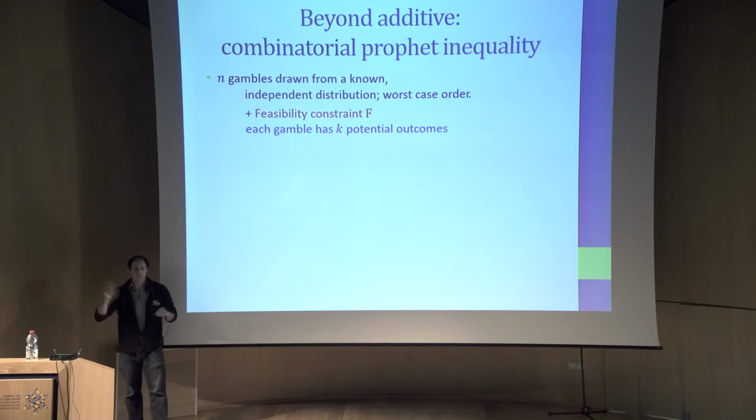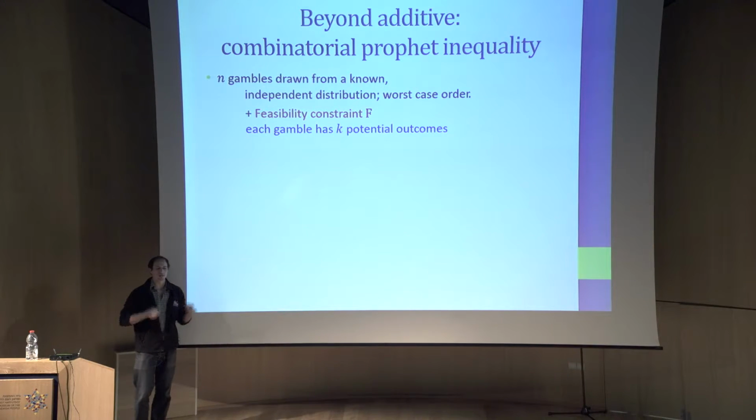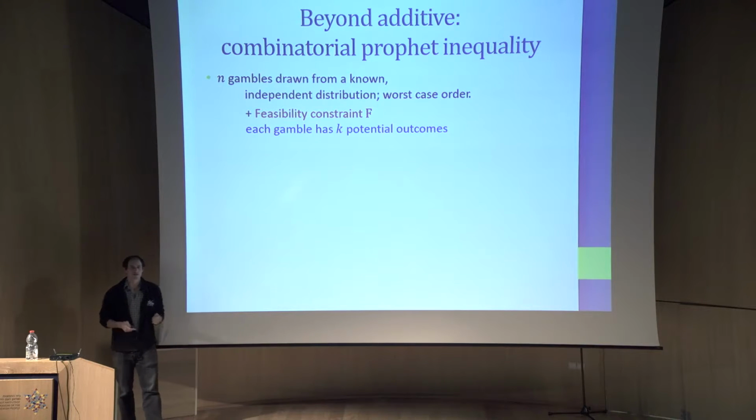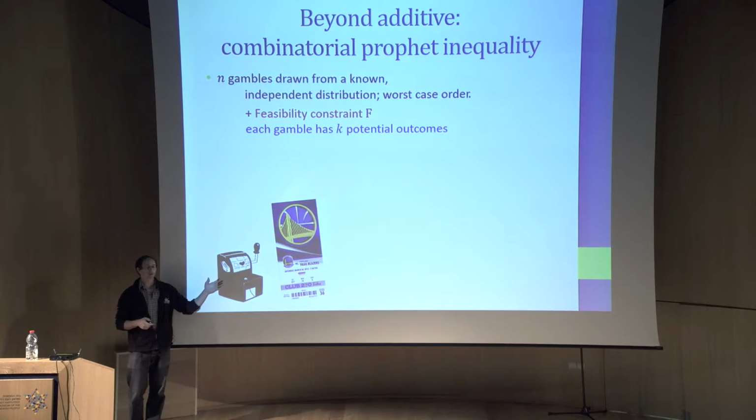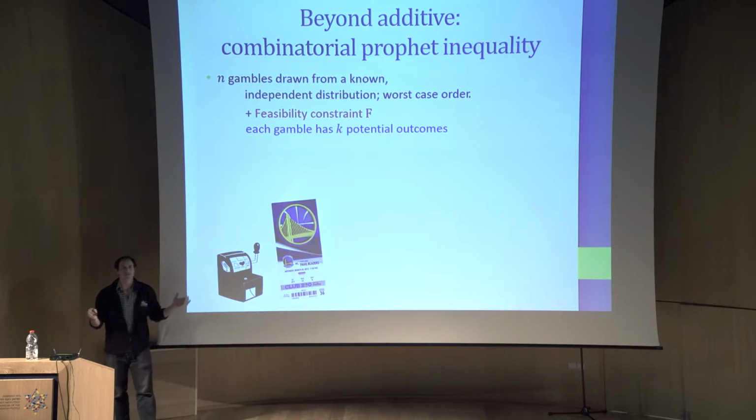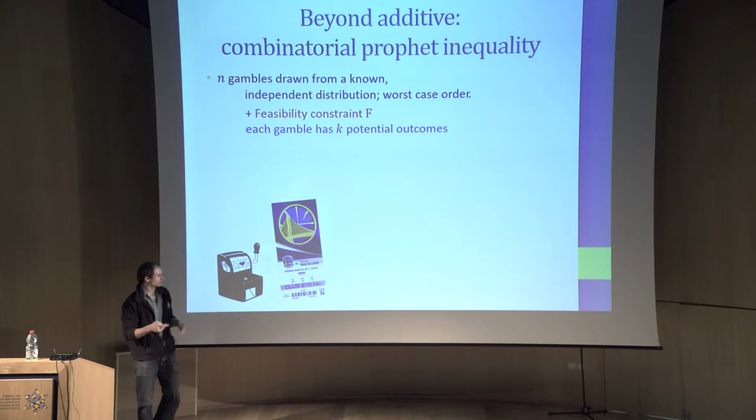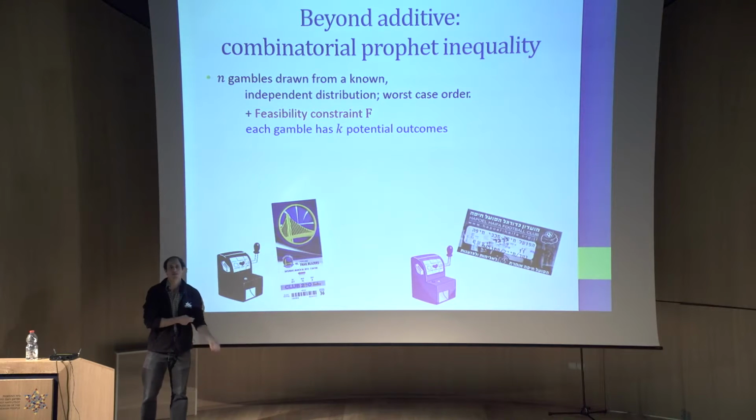of this submodular secretary problem is to say that in each day, each gamble has k possible outcomes. So for example, on day 1, I draw tickets to some basketball game. On day 2, I might get a ticket to some soccer game.